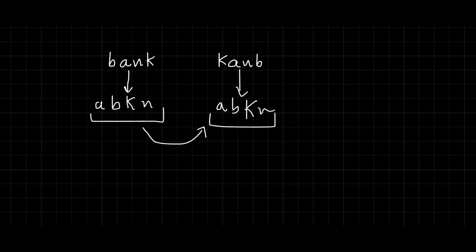That means the first string can become the second string after some operations. So this is the first logic we have to check. Now the question is how many swaps exactly we need.